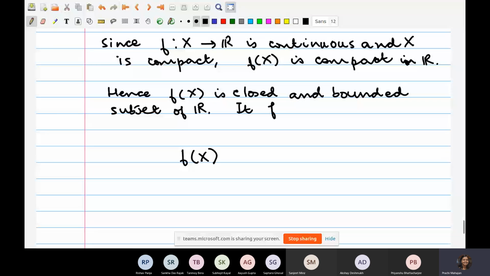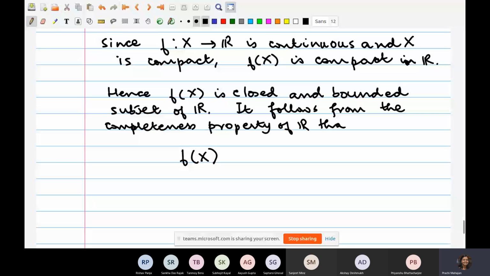It follows from the completeness property of R that the supremum of f(X) and the infimum of f(X) exist in R. This is by the completeness property.